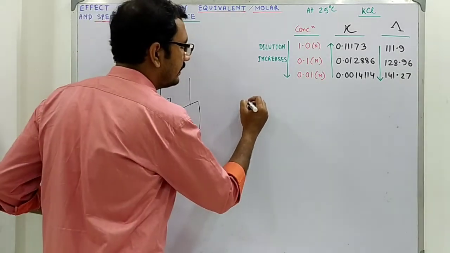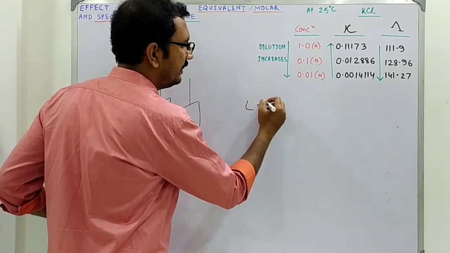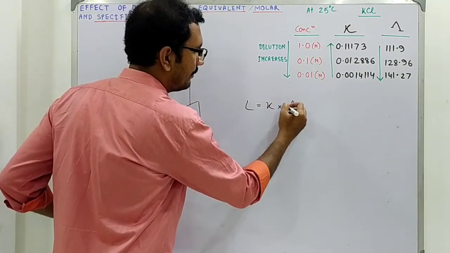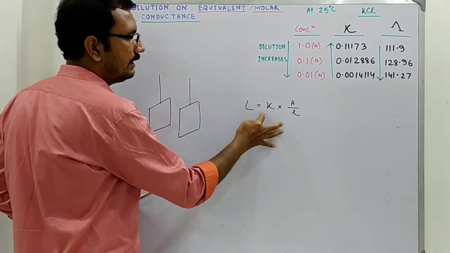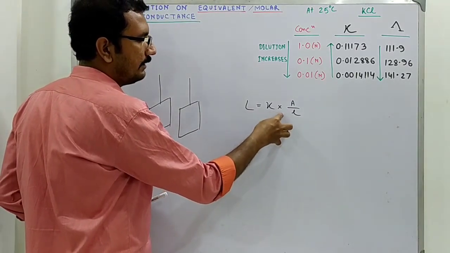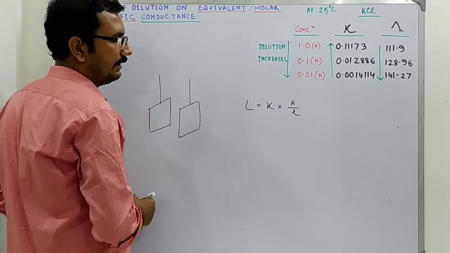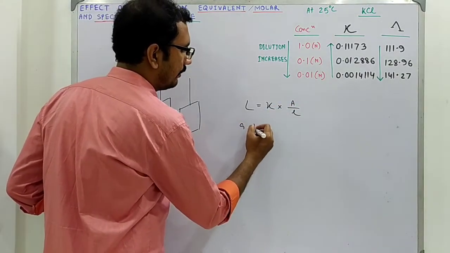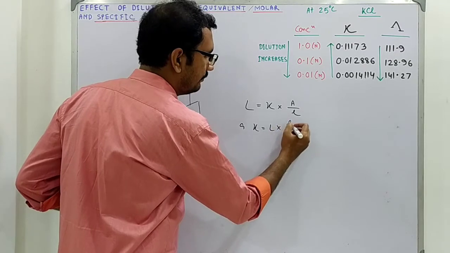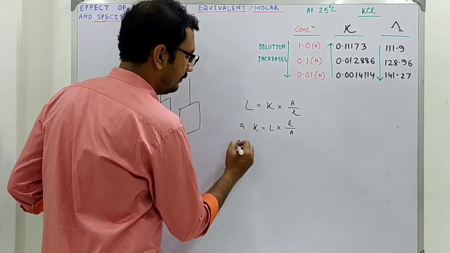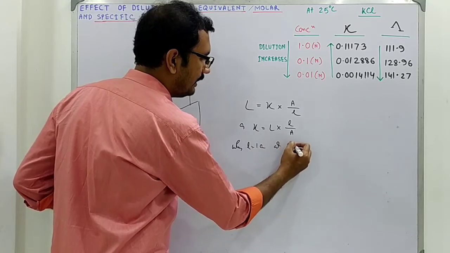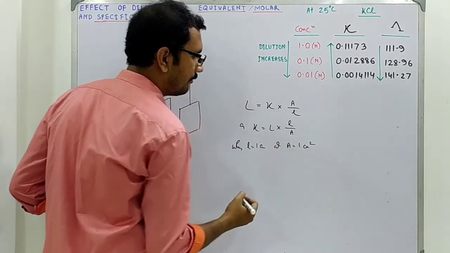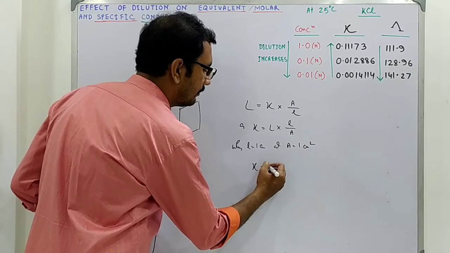We know the relation, we have used it multiple times: conductance equals specific conductance into A by L, or kappa equals L into L by A. When L equals 1 centimeter and A equals 1 centimeter square, kappa equals the conductance.